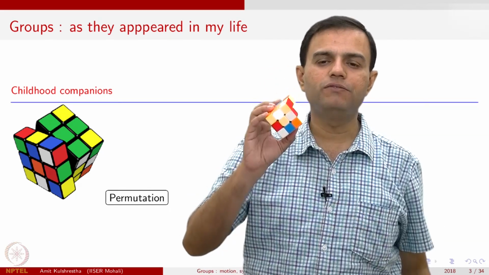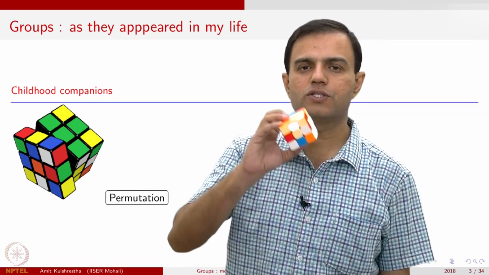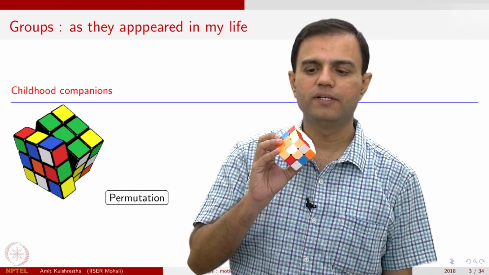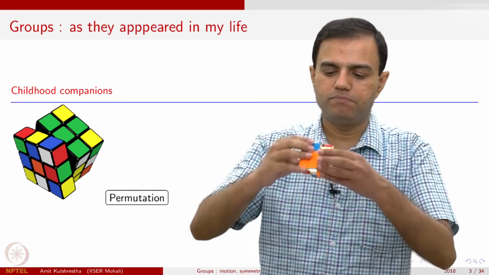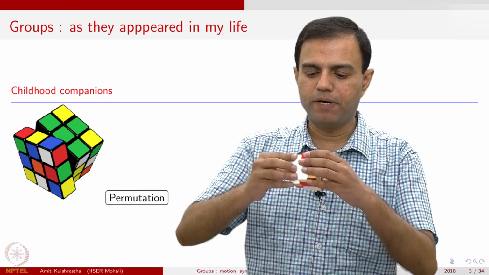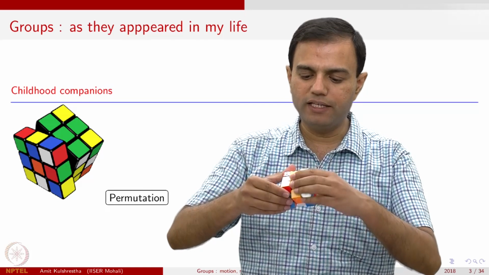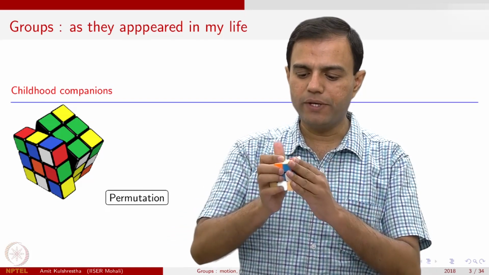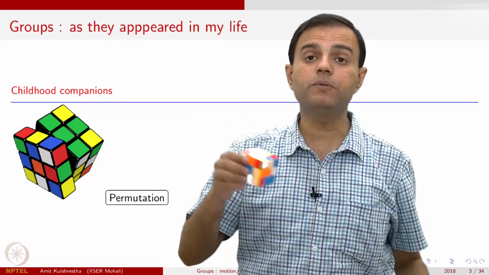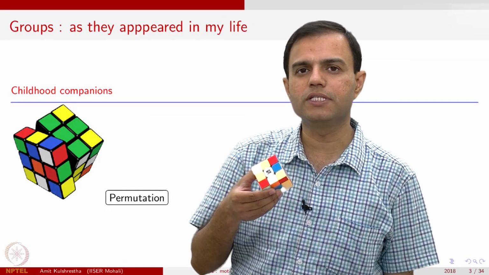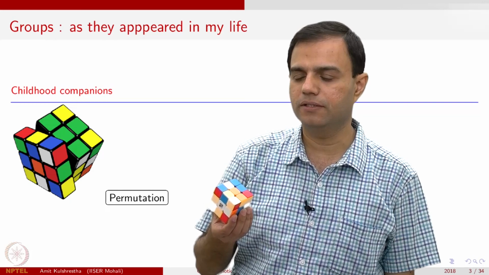So in fact, if you consider the solved cube as one state and then I permute this, after some time I permute again the permuted version. So what am I doing? I am considering the composition of two permutations. The composition of two permutations is again a permutation.